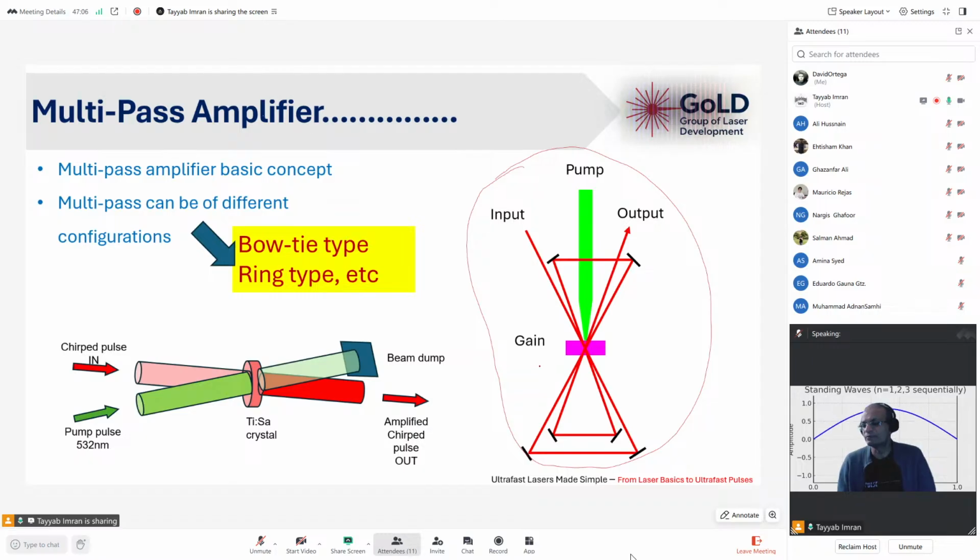this is the basic concept. This is your gain medium, which is titanium sapphire in our case. Okay, and these are mirrors. And this green one is the pump laser.